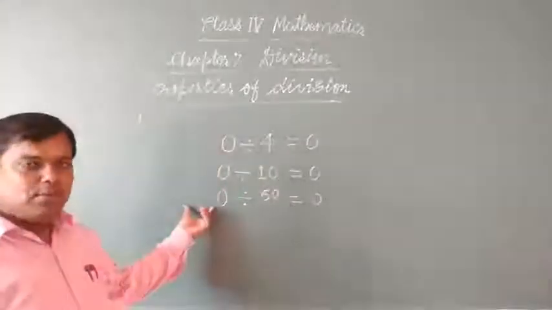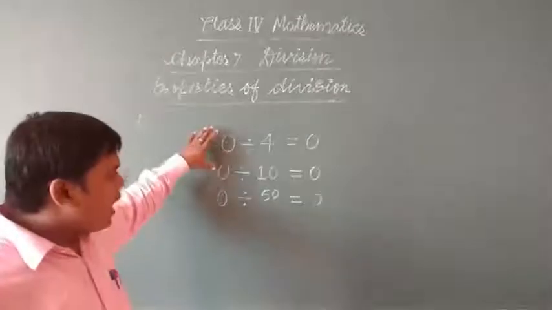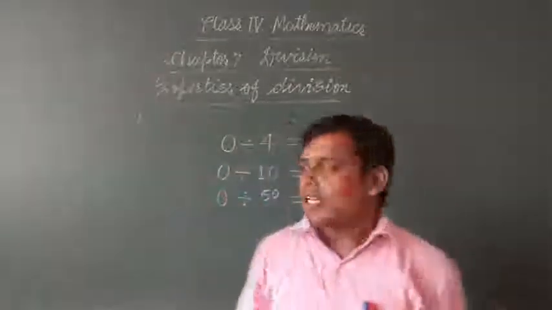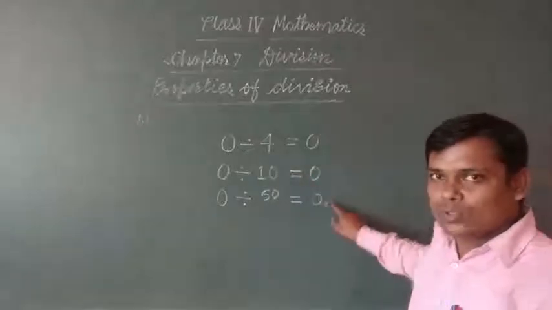We are seeing from here, in each case we have dividend 0 and our divisor here is 4, here 10, here 50. But we are getting quotient 0.